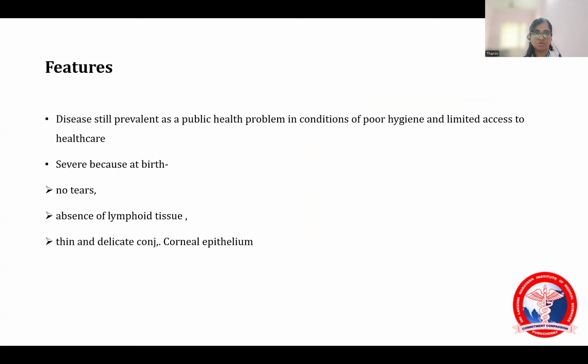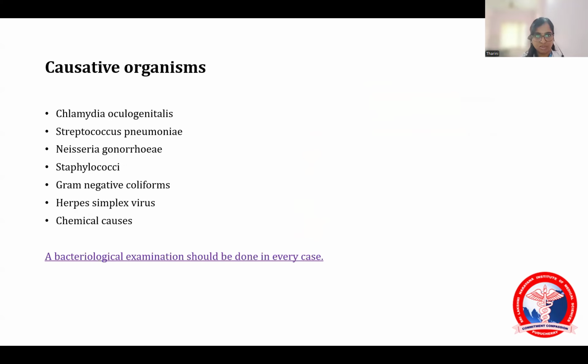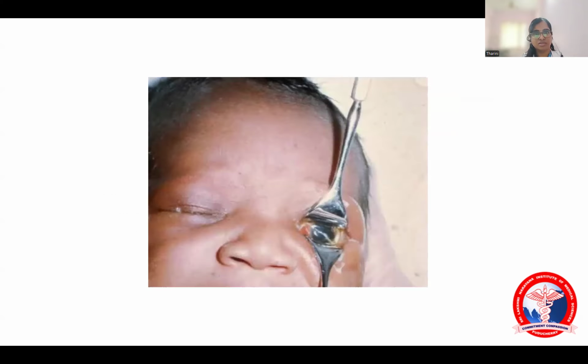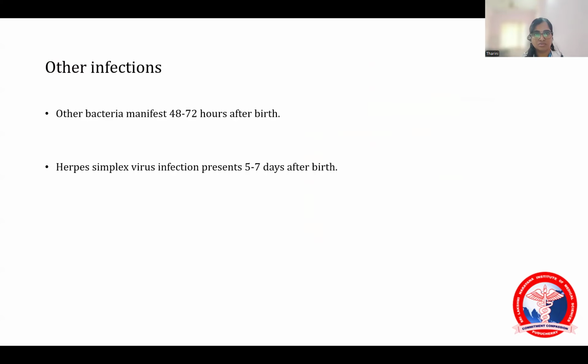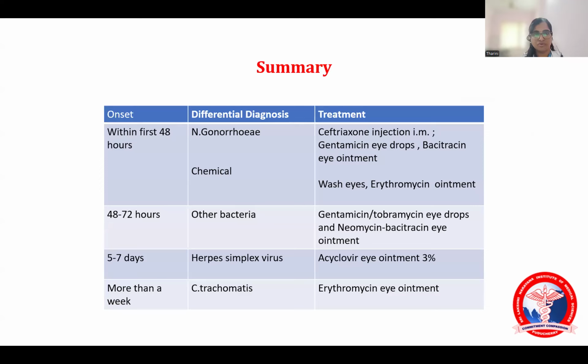Then we discussed ophthalmia neonatorum, which is a conjunctivitis seen in the immediate postnatal period of a child. We discussed how to examine a case of ophthalmia neonatorum and how it presents. We had a summary of all these things.